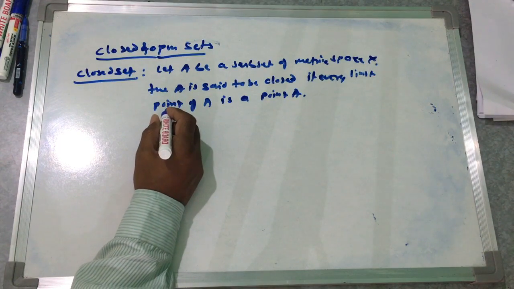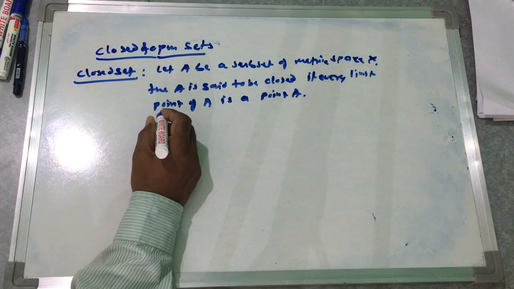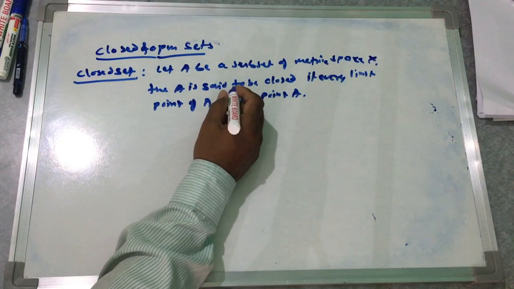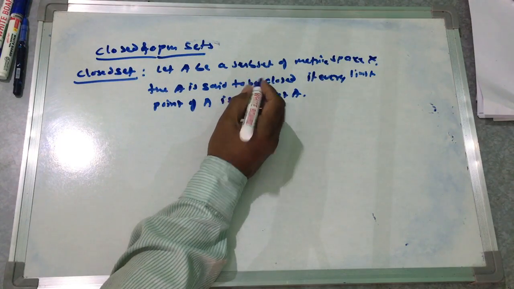A is a subset of metric space X, then A is said to be closed if every limit point of A is a point of A.